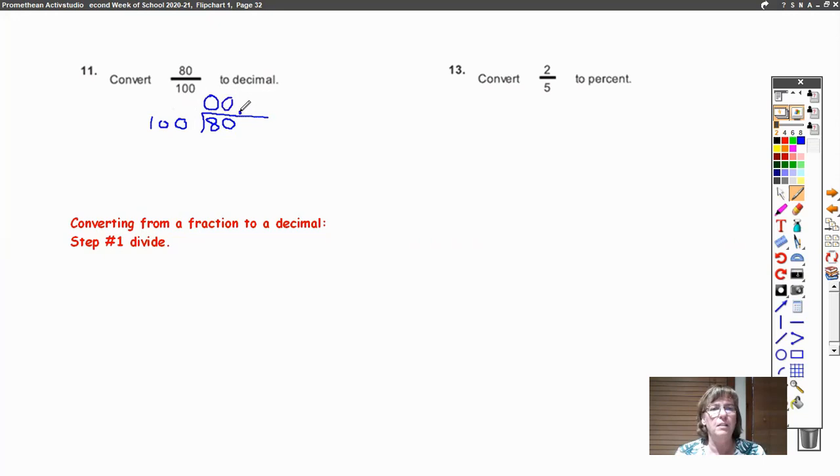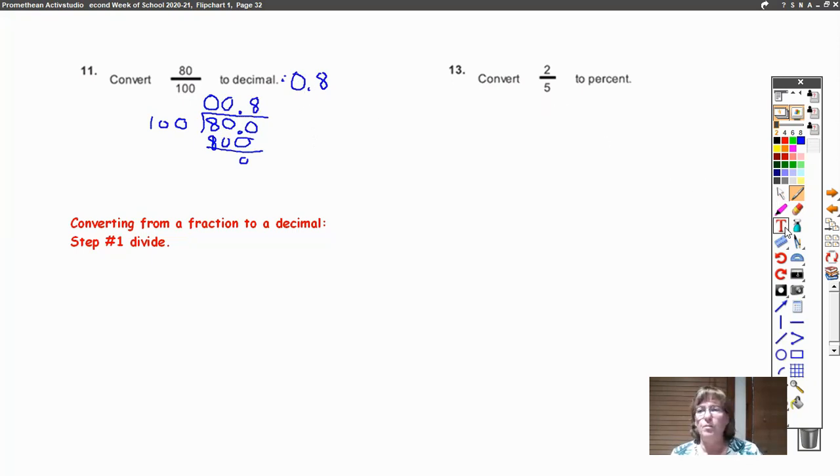So we'll place a decimal so we can add a 0. This still gives us 80, but now it looks like 800, so we can do the division. 100 goes into 800 8 times. 8 times 100 is 800. 800 minus 800 is 0, so we are done. This answer is 0.8. And since it's less than 1, I want that 0 as a placeholder.